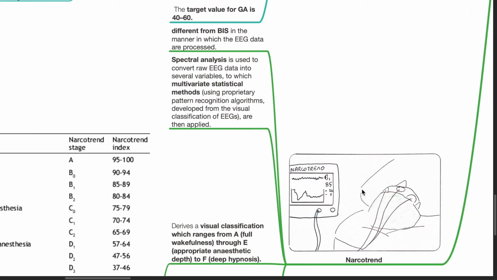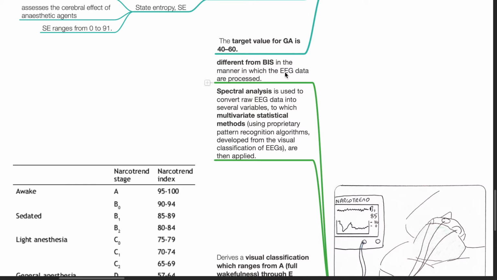Narcotrend is different from BIS in the manner in which EEG data are processed. Spectral analysis is used to convert raw EEG data into several variables to which multivariate statistical methods using proprietary pattern recognition algorithms, developed from visual classification of EEG, are then applied.